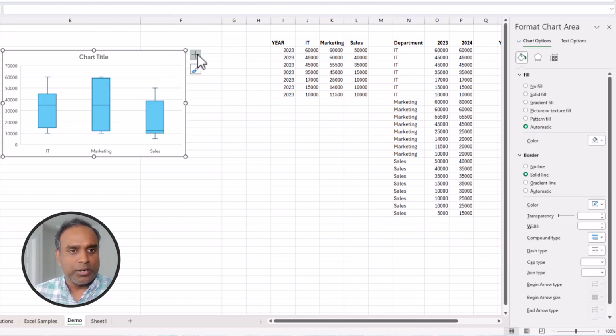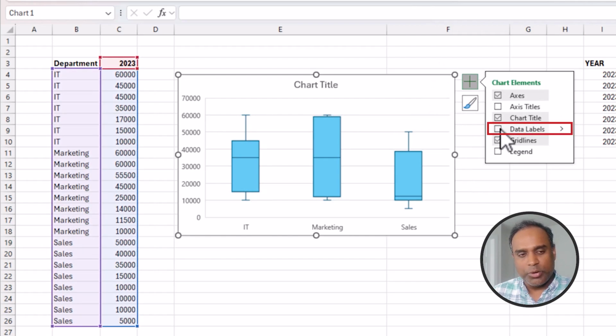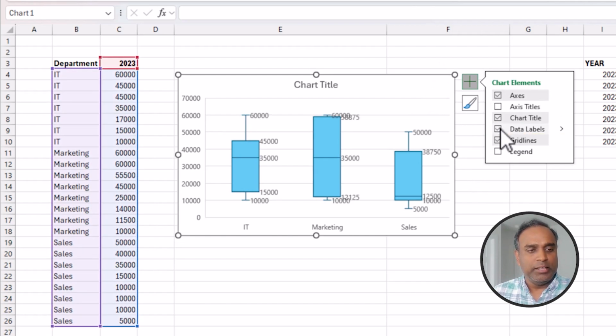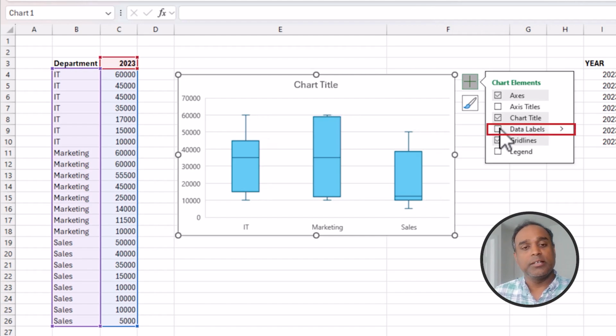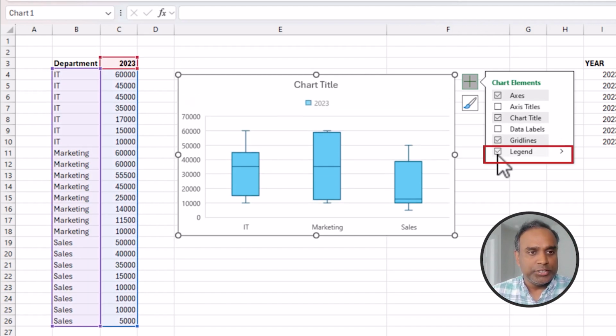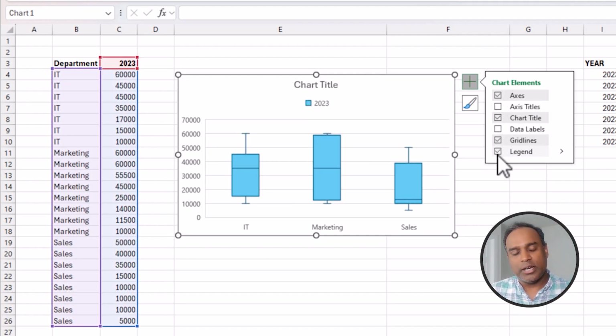Now, if you click on the chart, you can add data labels. However, again, this is one of those where with too many values on chart, I'm not going to recommend that unless you have only one box plot. But otherwise, generally speaking, I'm just going to avoid putting the labels in, but that option is available if you want to. Okay, then you can add the legend. In this case, I'm not going to do it.